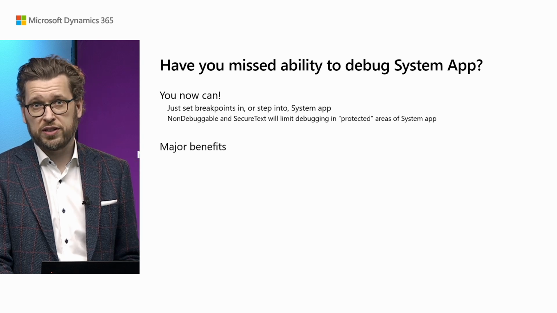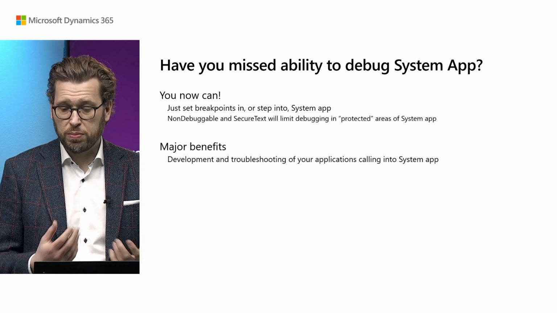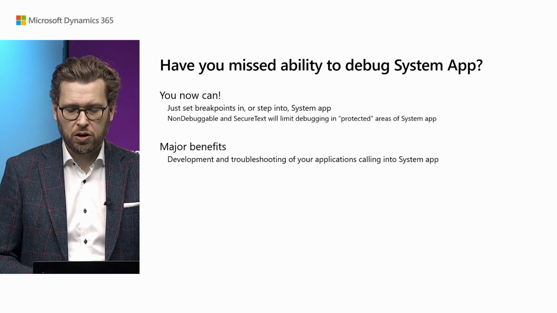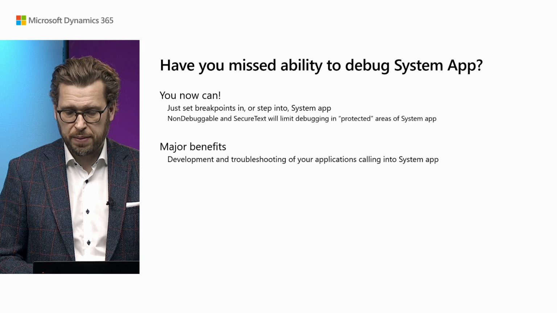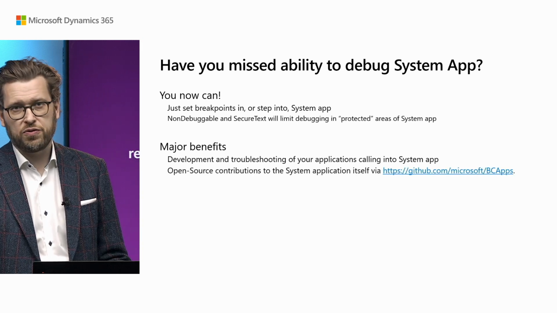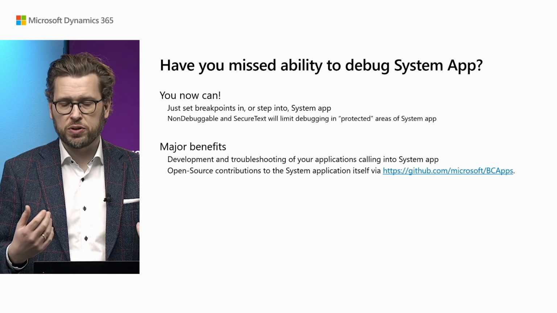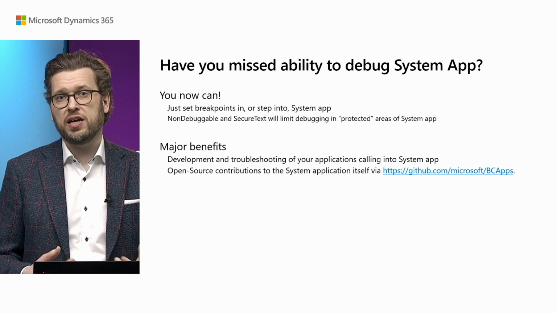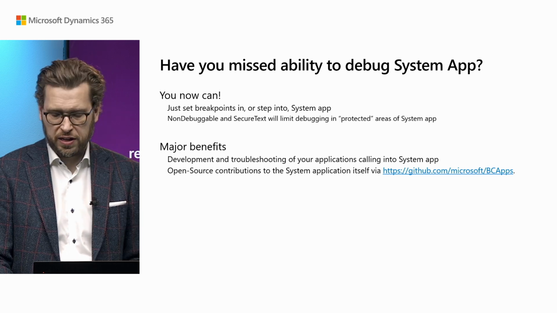So the major benefit of this is that when you are developing and troubleshooting your own applications that call into the system app, you can now debug into the system app as well. Also, if you, I hope you are, contributing via open source to the system application, you can now actually debug those contributions yourself in cloud.